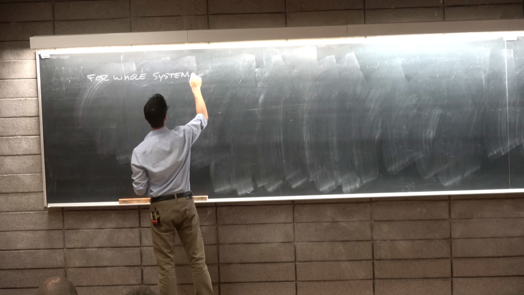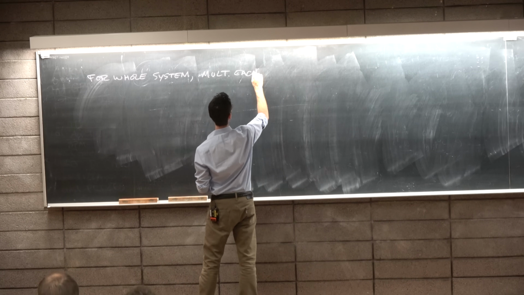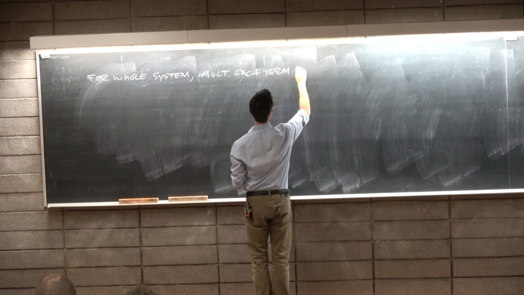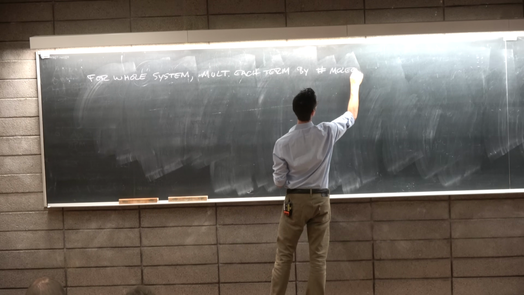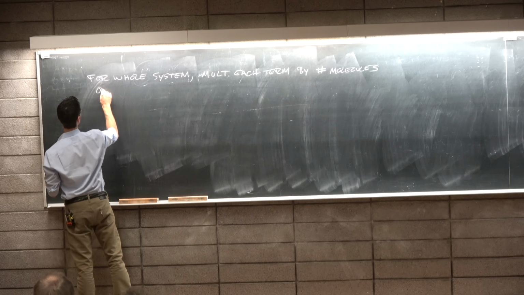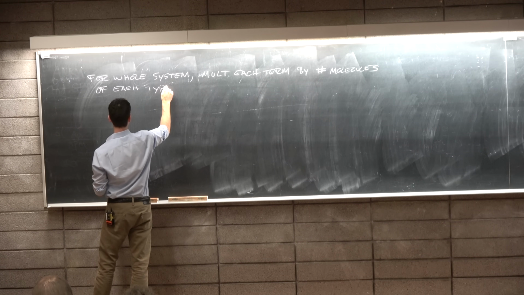So for the whole system, we multiply each term by the number of molecules of each type.